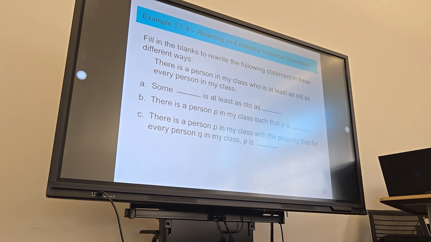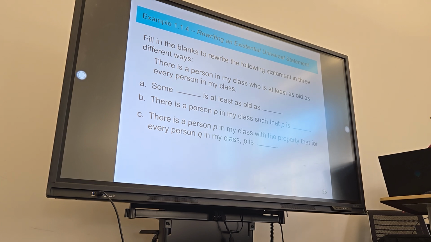It gives an example of: there's a person in my class who is at least as old as every person in my class. Basically, somebody's the oldest in the class. So there's some person that is at least as old as every other person.